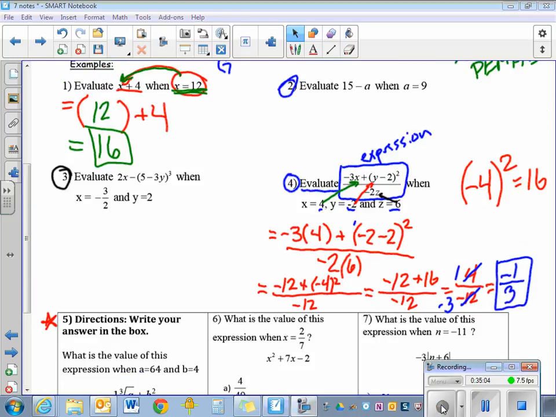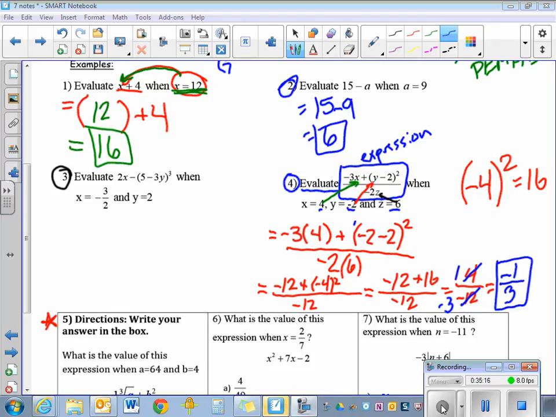What do we get for number 2? 15 minus, instead of A, we have 9. Equals 6. Very good. And then number 3 had to do with fractions here. So we have 2 times x, but instead of x, we have negative 3 halves.